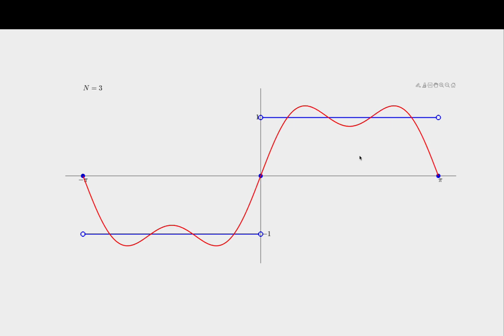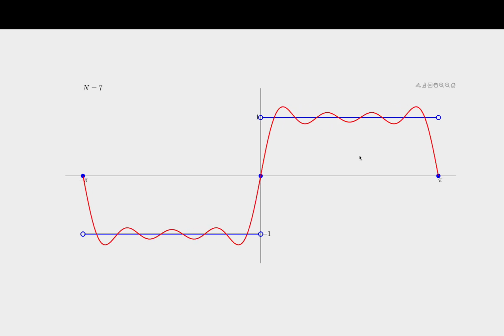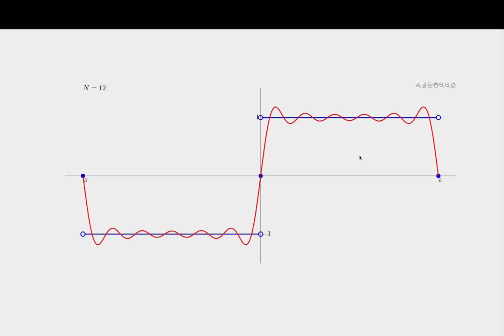Again, it's going to be a sine series because of the oddness of our function. Now, notice in this case, we get pointwise convergence everywhere. And, of course, we get convergence in the mean because this is still an L2 function. In fact, it's the same L2 function as before.